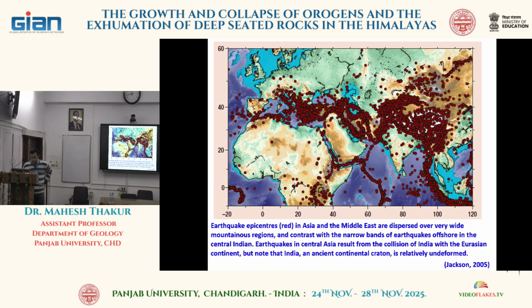Those are the places where the earth is deforming in present times, right? So earthquakes show us where the earth is deforming at present. And there is another thing, because India is formed of various cratons. Cratons are places where you have lower temperatures and lower heat flow. In the oceans, once your temperature is above 450 degrees C, you don't have many earthquakes, and oceanic crust is basically a homogeneous crust.